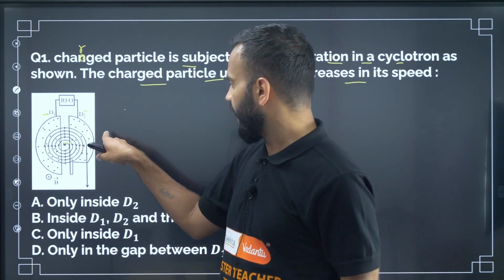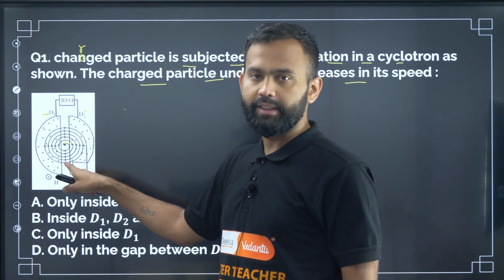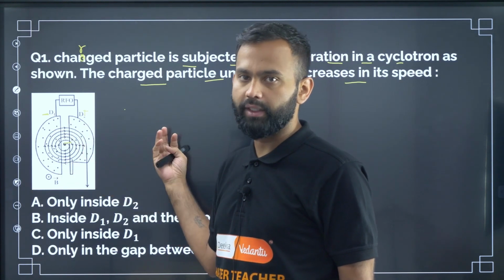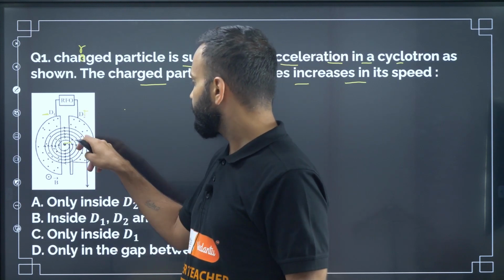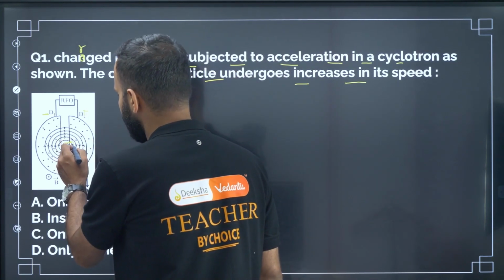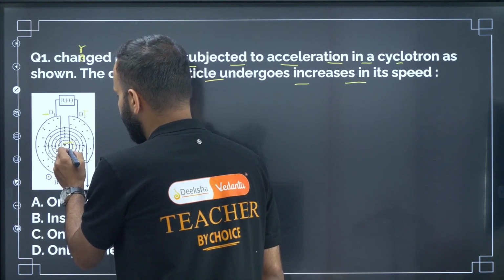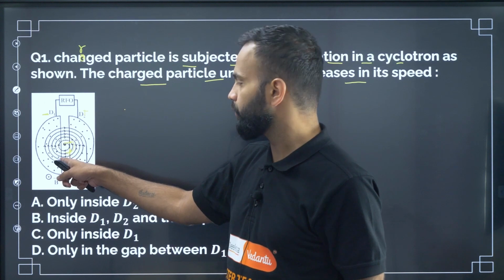Because of the magnetic field, it takes a circular path. There is no electric field inside the Ds, because D is made up of conductor. So because of the magnetic field, it takes a circular path and exits from D2.